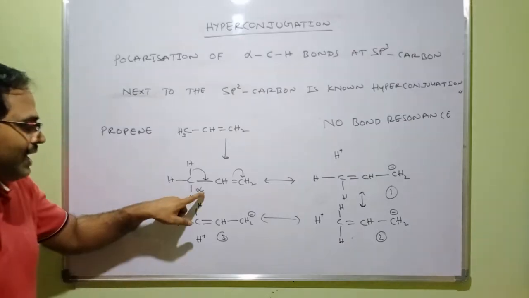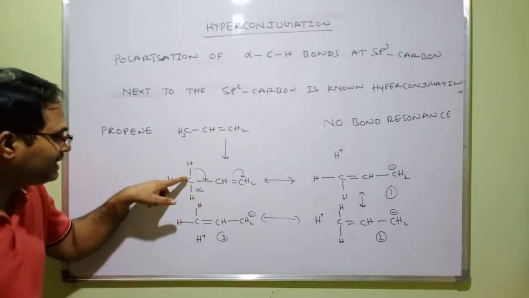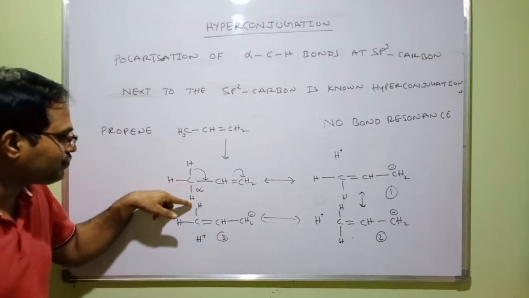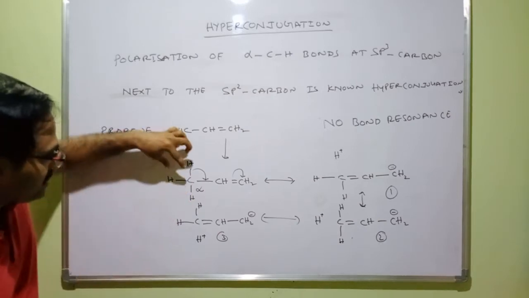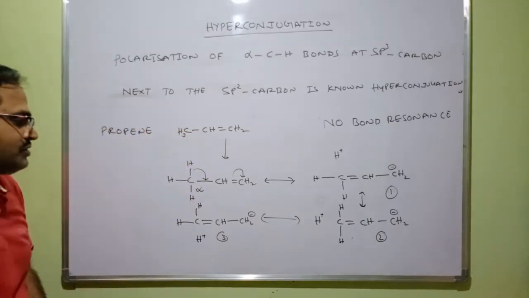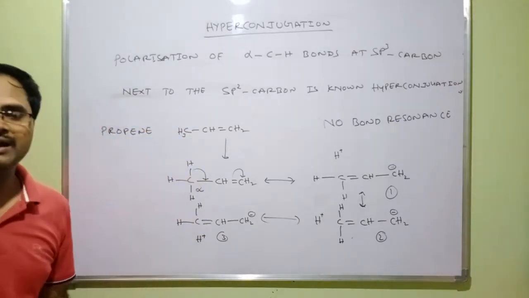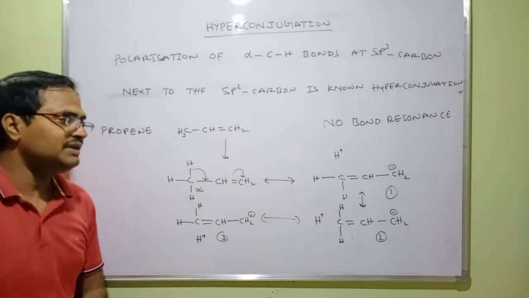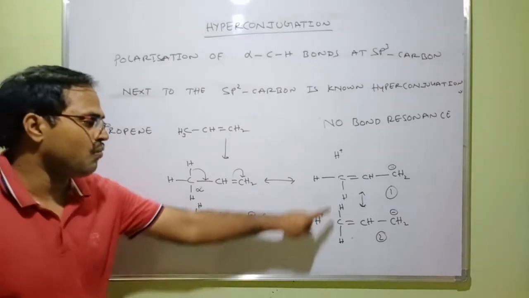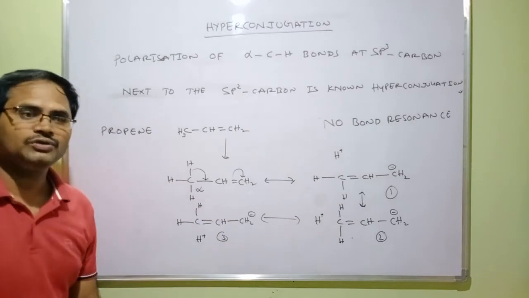This is the alpha carbon. We have 3 CH bonds. With this bond we can write one hyperconjugated structure, with this bond one more, and with this bond one more. So altogether we get 3 hyperconjugated structures.